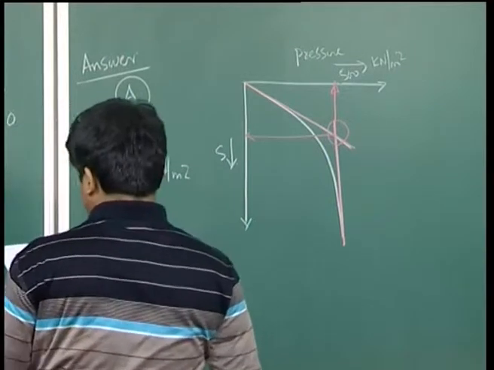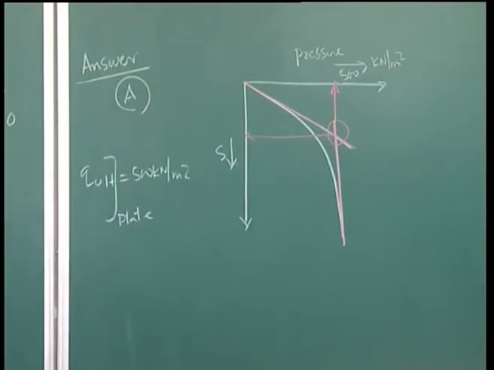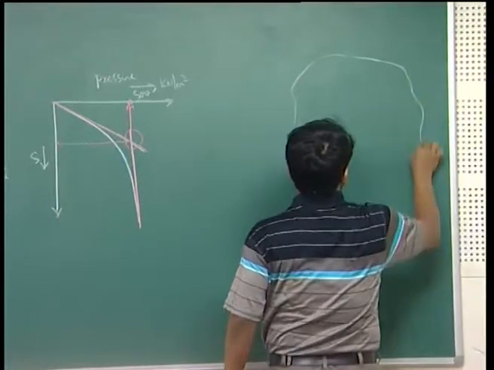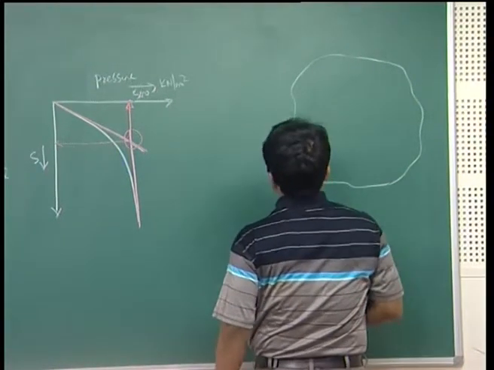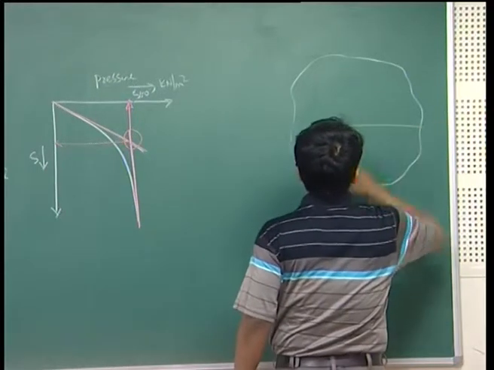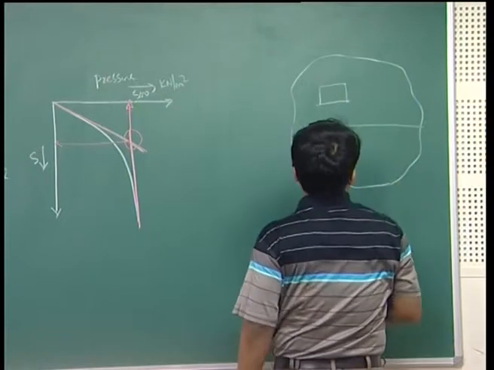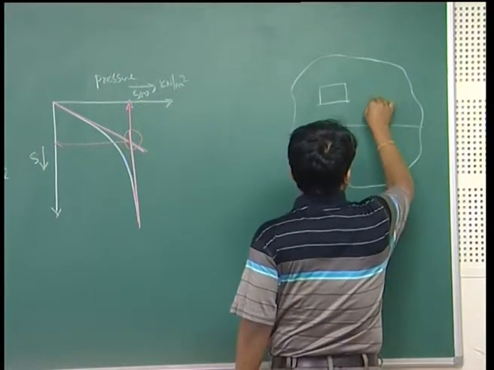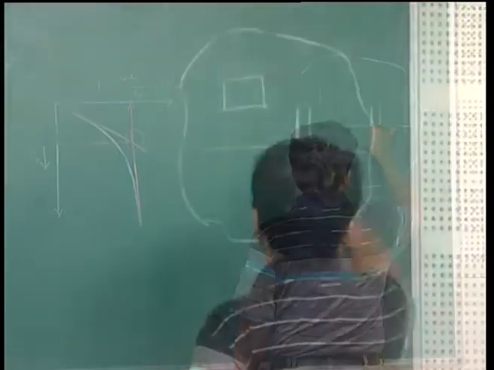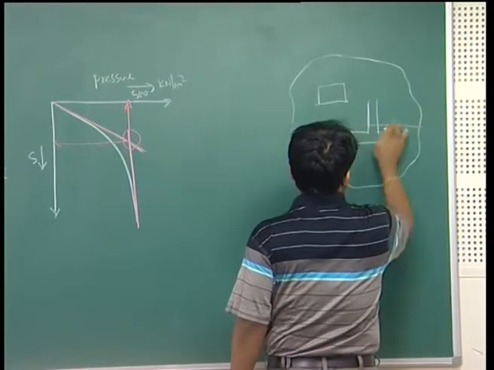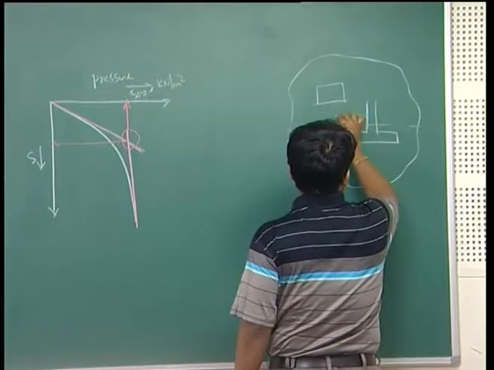Now, the moment you are going to find the allowable bearing pressure of footing, suppose this is an area, in this area a plate load test has been conducted, and in that area a footing has to be constructed and it has to be laid below the ground surface, say 1.5 meter.